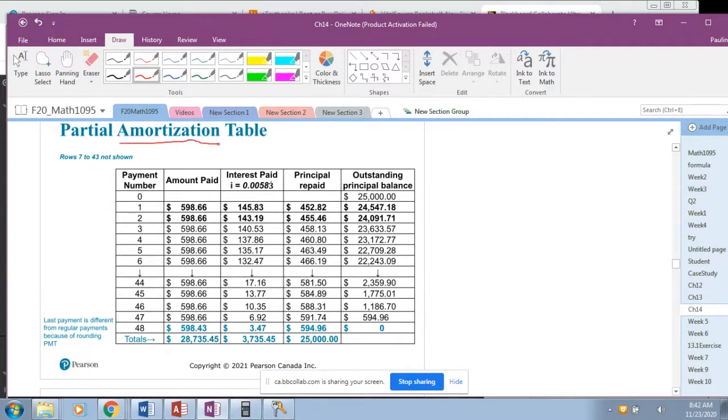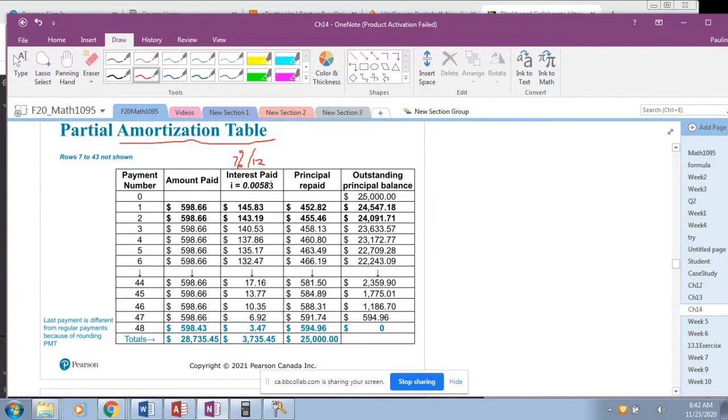Refer to the amortization table. In this table, you need to specify the payment number. Remember, for the example, we have interest rate 7% divided by 12, equal to 0.00583.